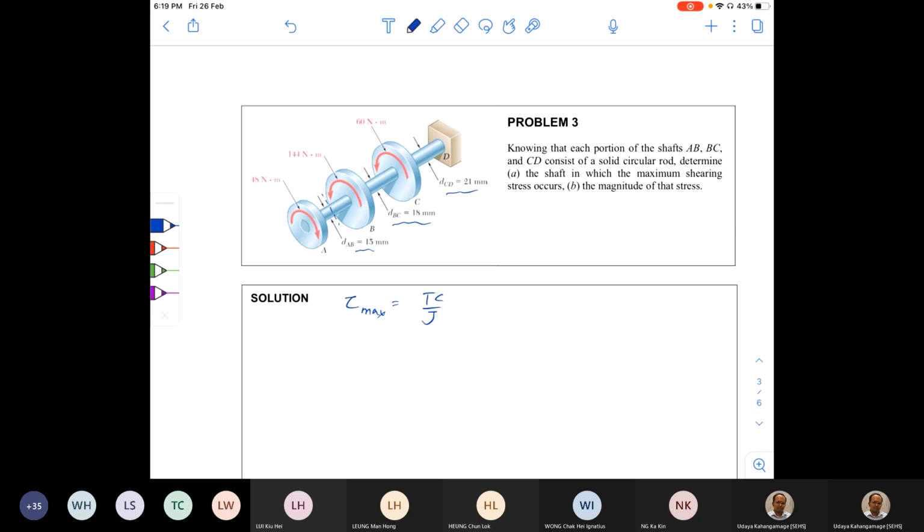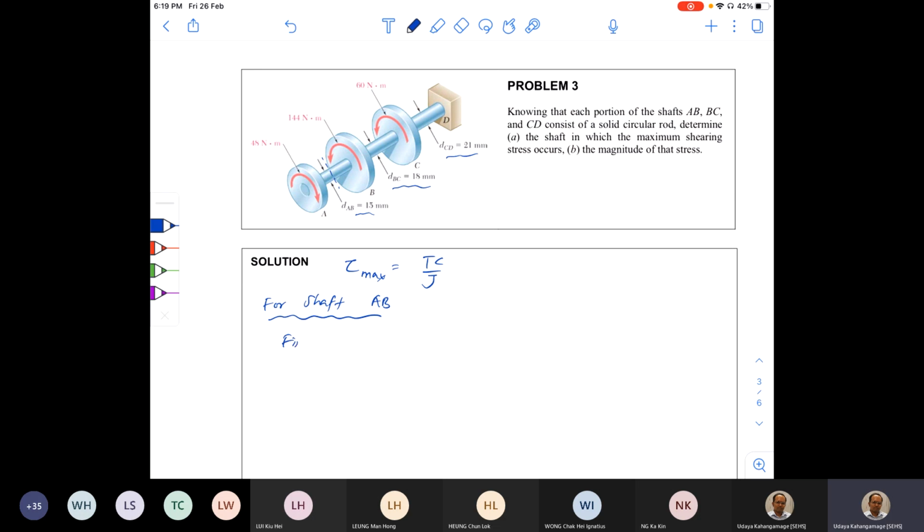From this, if you know the internal torque, for shaft AB, find T_AB. That is the internal torque. So if you can find this T_AB by observation, I can say that T_AB is equal to 48 Newton meter. Otherwise, you can actually draw a free body diagram and then find out what T_AB is.